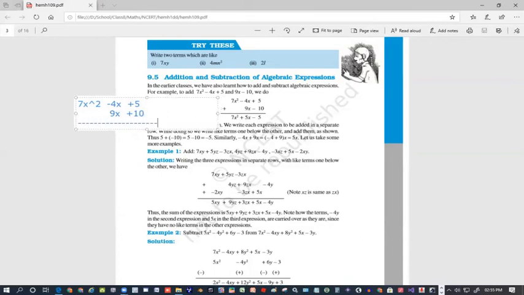If addition is to be performed, we do the usual addition of each term separately, because unlike terms cannot be combined. Only like terms are added. Let us start from the right side, as we have practice of adding from the right side and going towards the left. So 15, or here what will come? 5x. So plus 5x.